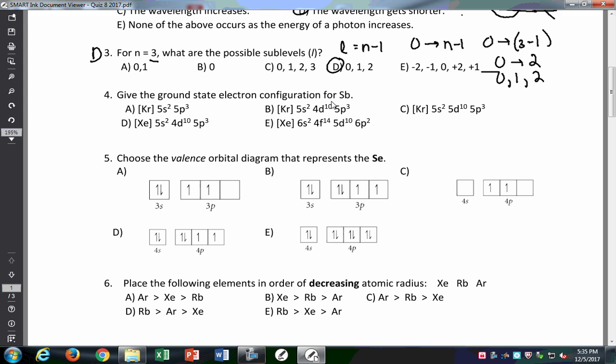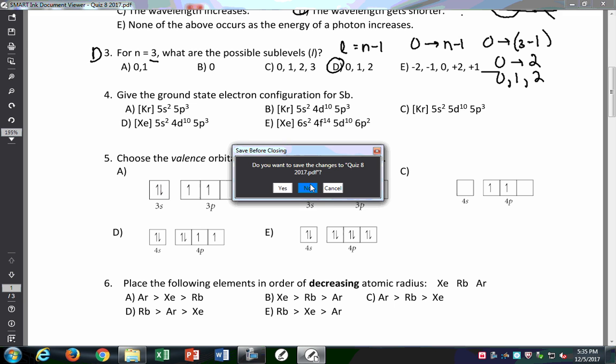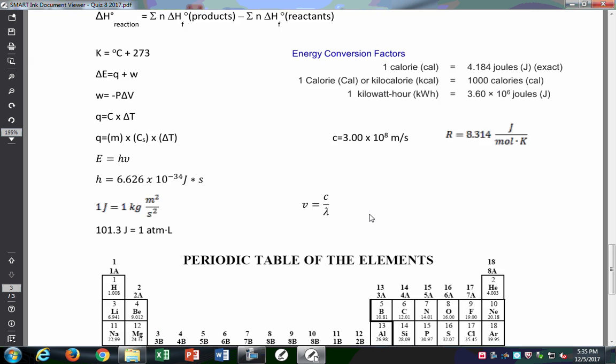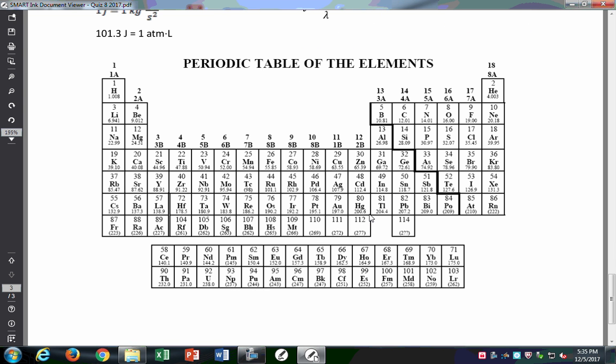So we want the ground state electron configuration for Sb. Okay, so let's look for Sb, and it is right here.